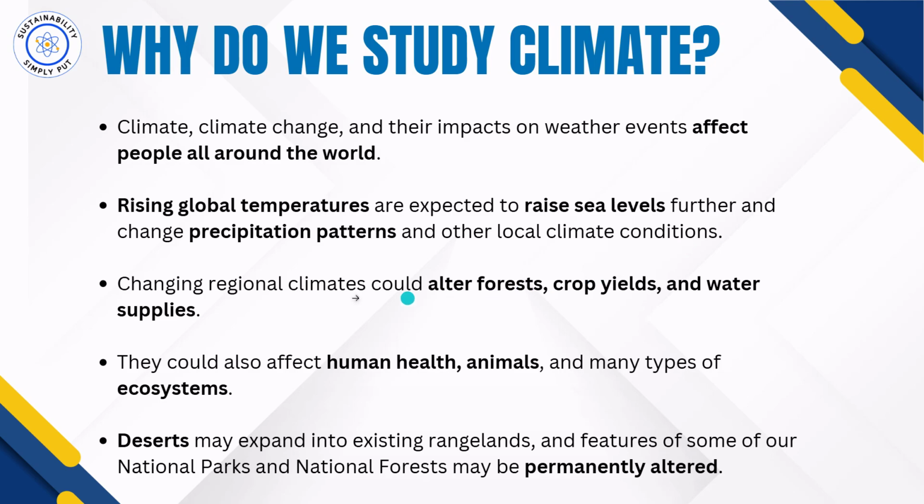Changing regional climate could alter forests, crop yields, and water supplies. If you want to know about this, just talk to any farmer and you will get to know how drastically the weather, the climate, has been changing. The rain is so erratic, so unpredictable now.